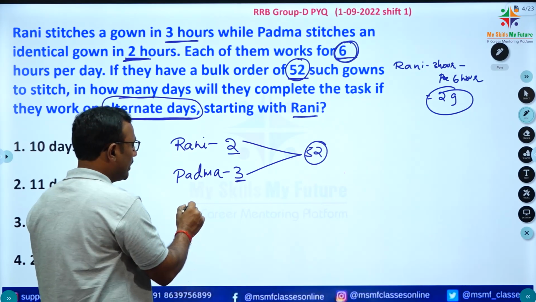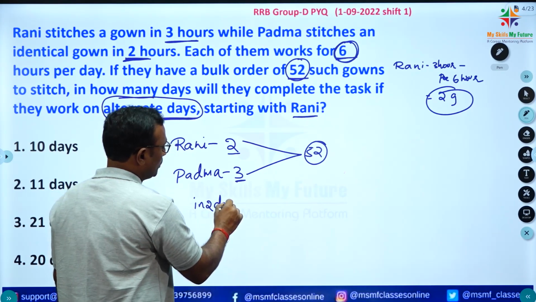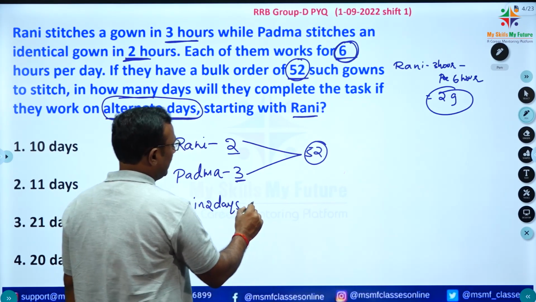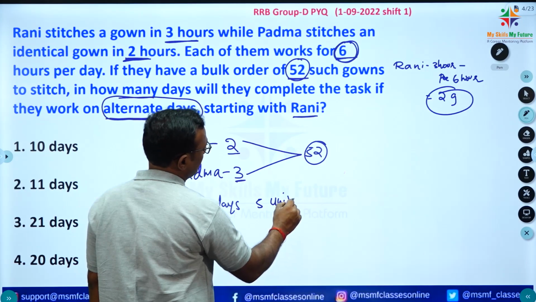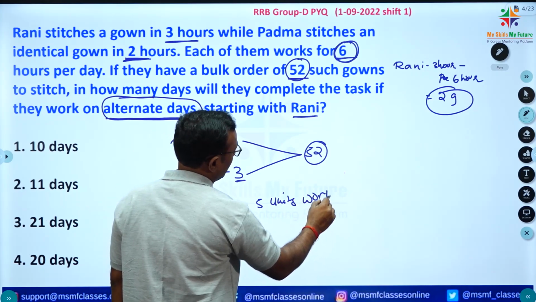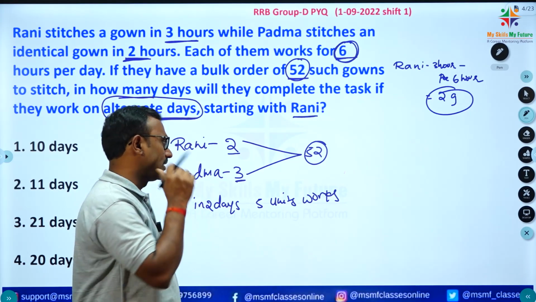So in 2 days, they will complete 5 gowns. It means 5 units of work. In 2 days they will complete 5 units of work.